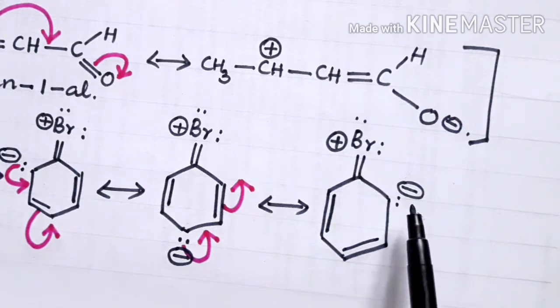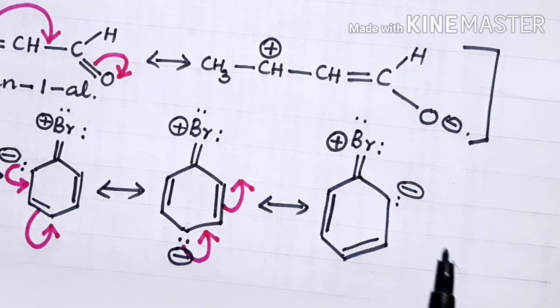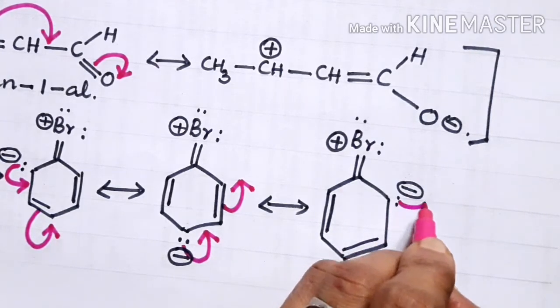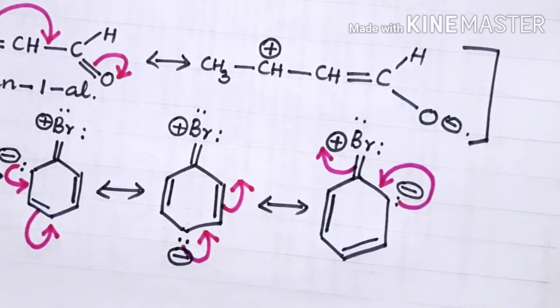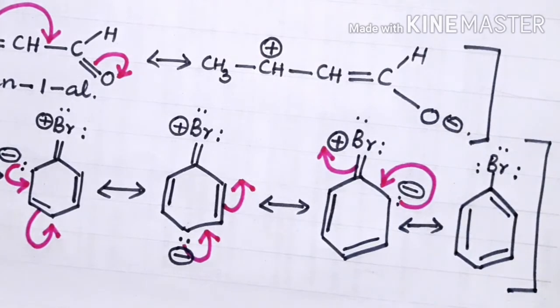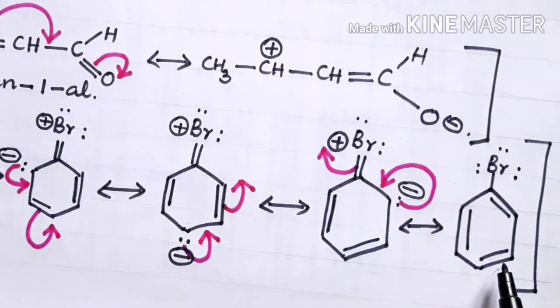So there is the drifting of electrons into the ring, leading to the next canonical form. Pi electrons get shifted here. These electrons come back to the original position, leading to the next structure. So the fourth structure is obtained, which is similar to the first structure.